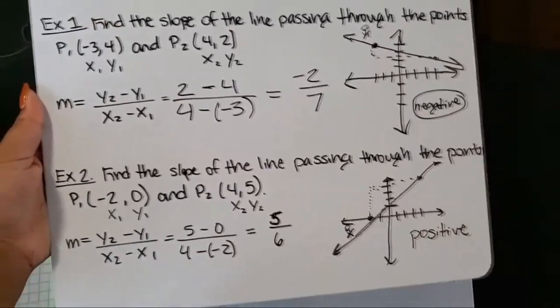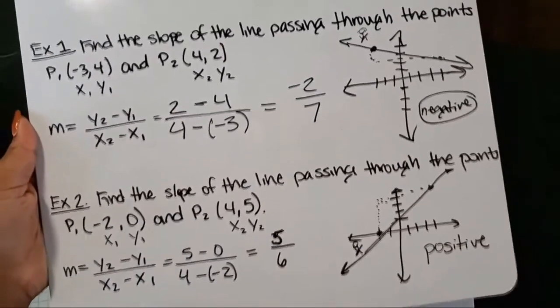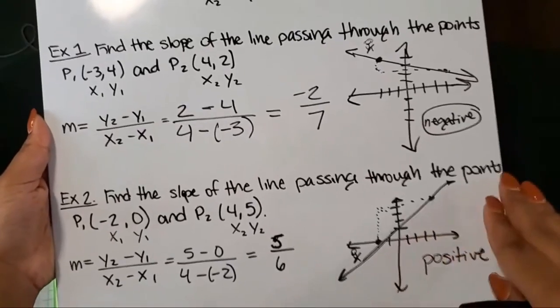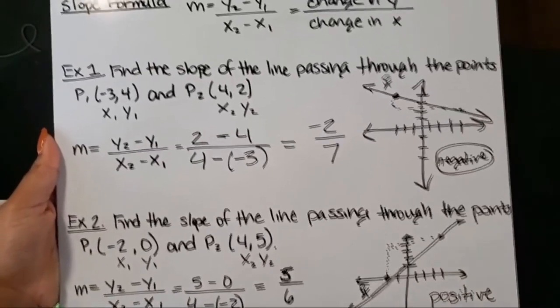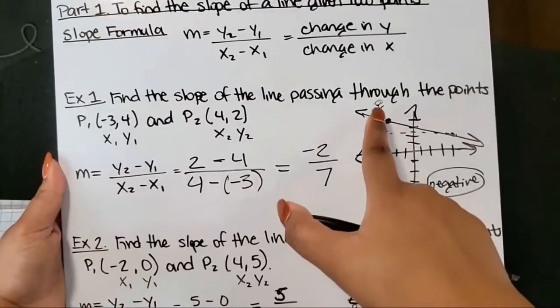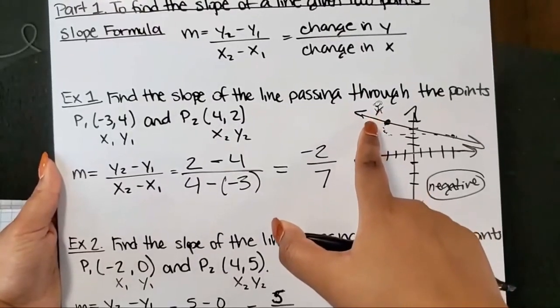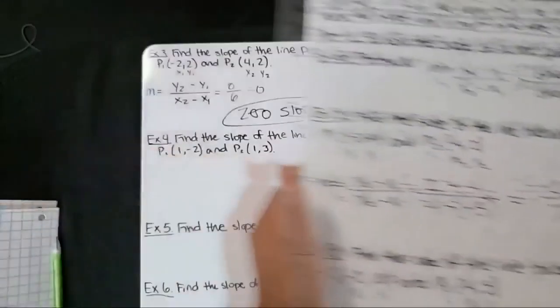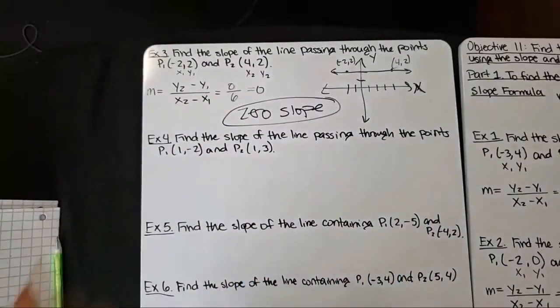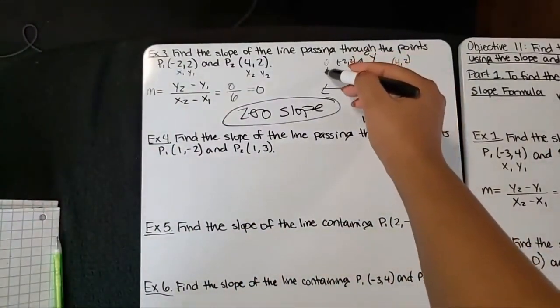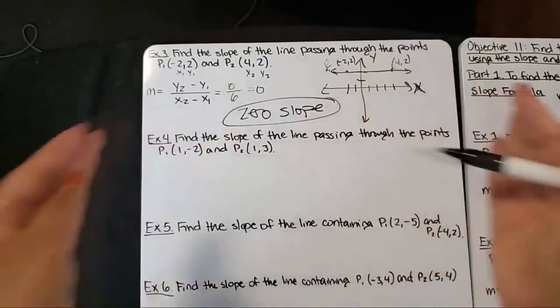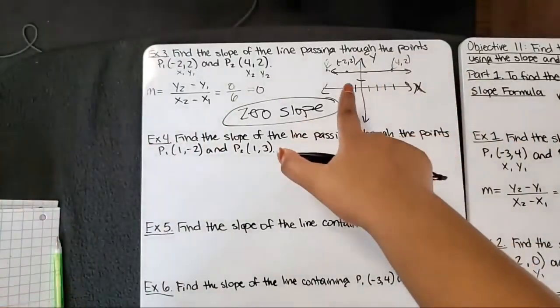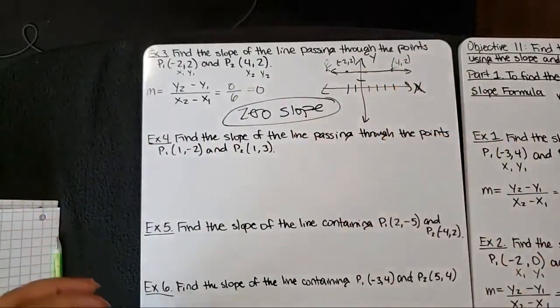Like if you're going up the ramp, that's a positive slope. If you're at the top of the ramp here and it's going down, then it's a negative slope. So if you're just walking on the straight flat surface, that is a 0 slope.